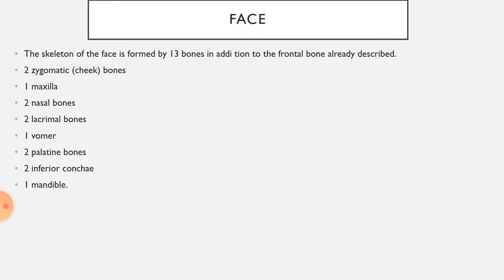Then the two nasal bones which join in the center, two lacrimal bones that lie lateral to the nasal bones, one vomer bone, two palatine bones which form the hard palate, and two inferior conchae, which, as I have already told you, are not part of the ethmoid bone; these are independent bones. And one mandible, which forms the lower jaw of your face.